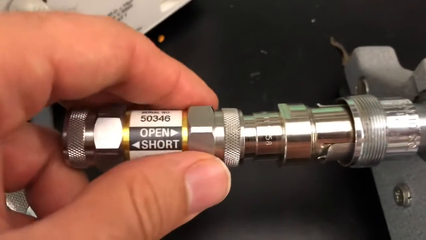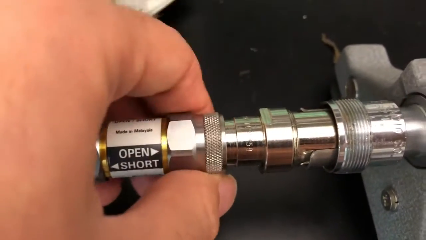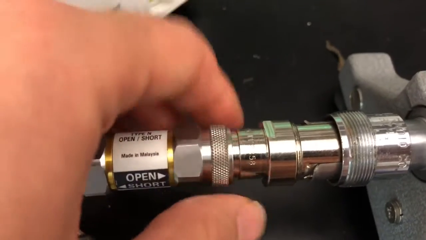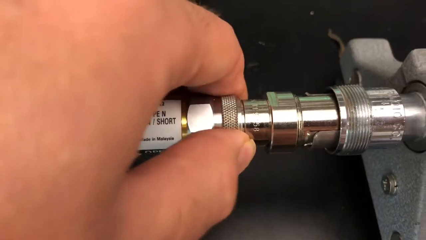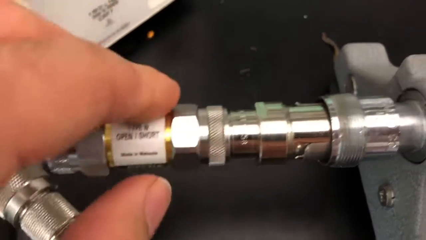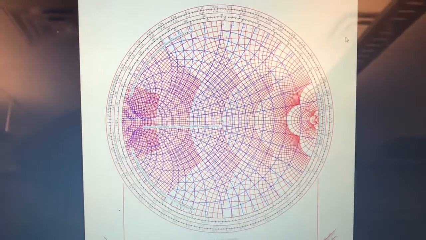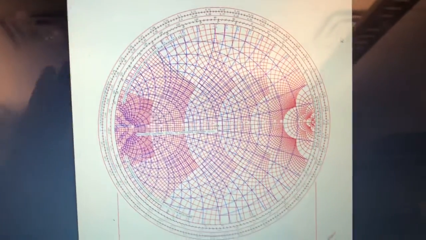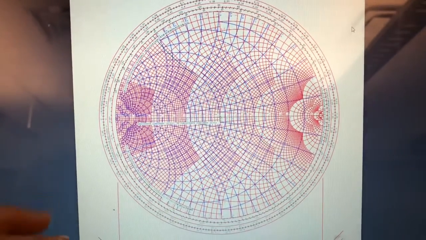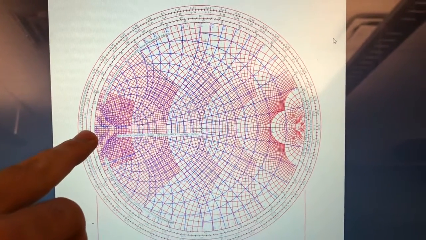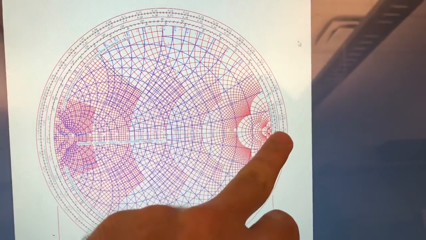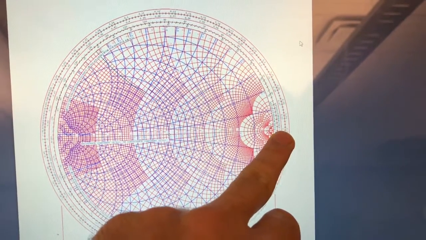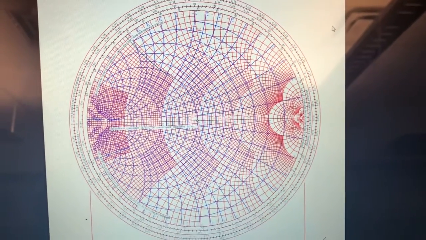Because open and short have lambda over 4 phase difference, the electrical length between open and short is lambda over 4. So if instead of short I connect open, I was seeing a minimum at short, so after lambda over 4 I will see an open here, so I need to see a max voltage.